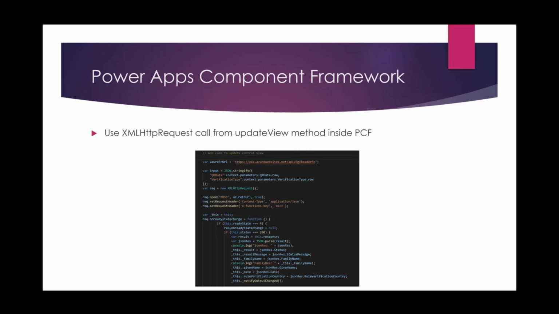For example, in this case, I need to pass to the verification service the QR data and the verification type. I define the header of the call: it is a post call, with the content type and the function key. To call my Azure function, I use an application key to authenticate my call. Then I execute my call, and I'm waiting for the response.